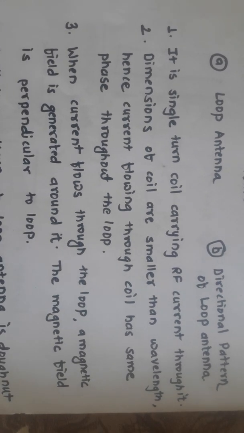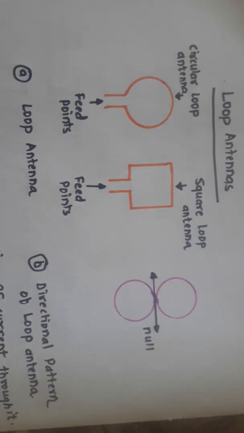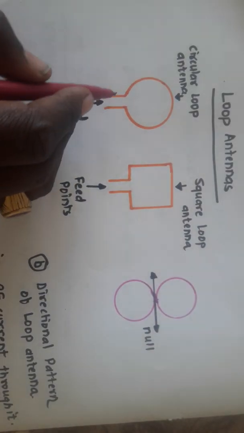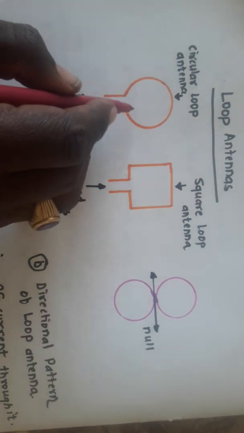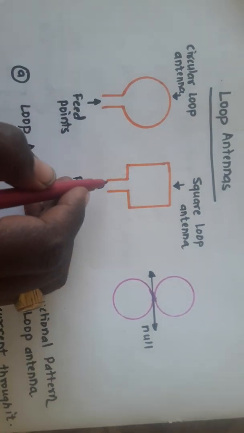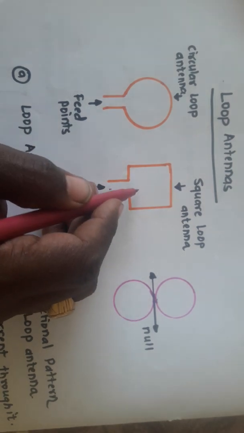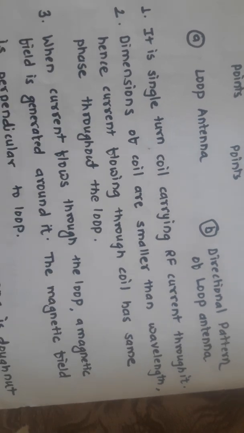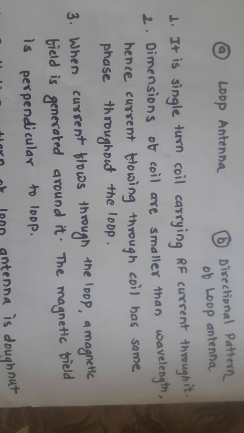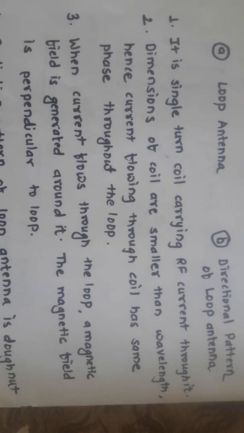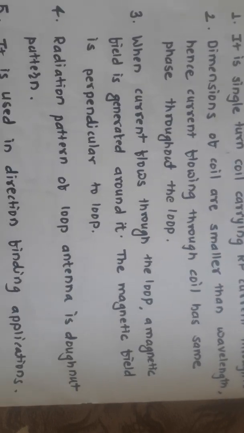Now when the current flows through the loop, a magnetic field is generated around it. If we apply current here and it passes through the loop, a magnetic field will be generated, and that magnetic field is perpendicular to the loop. Perpendicular means at a 90-degree angle to the loop.